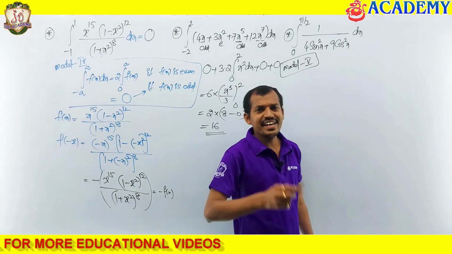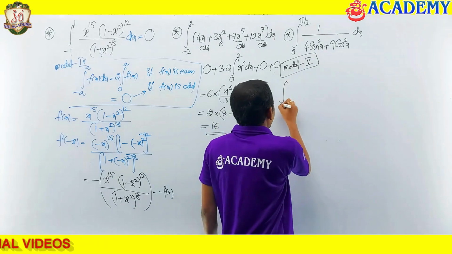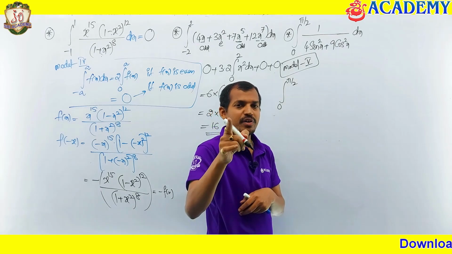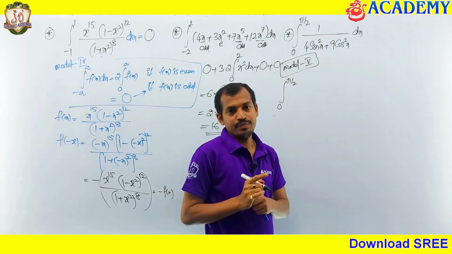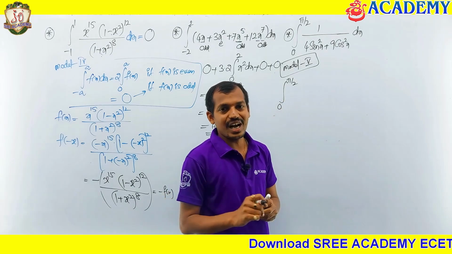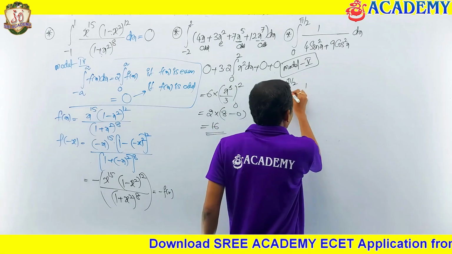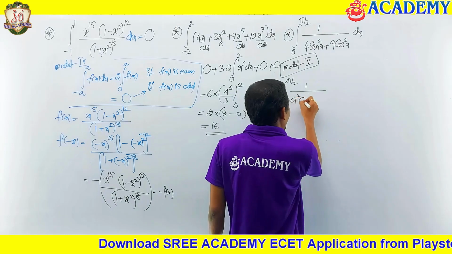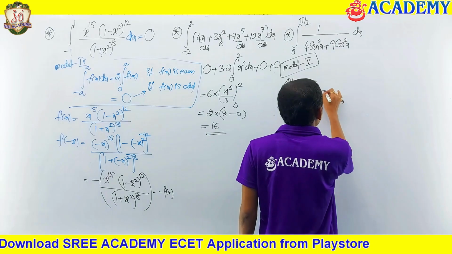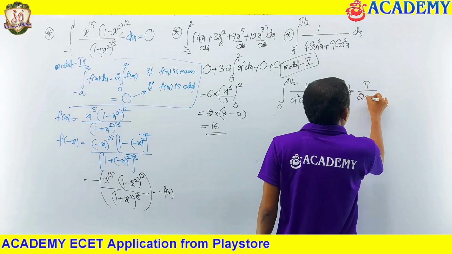I will read this as model number 5: the integral from 0 to pi by 2 of 1 divided by a square cos square x plus b square sin square x. The answer is going to be pi by 2ab.